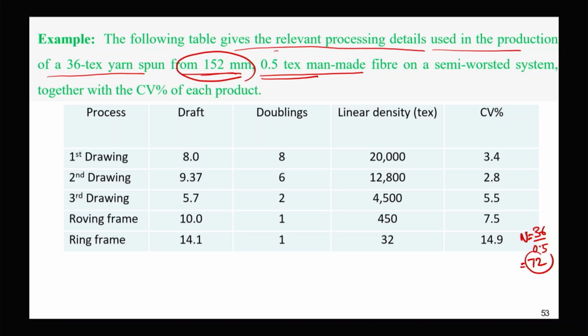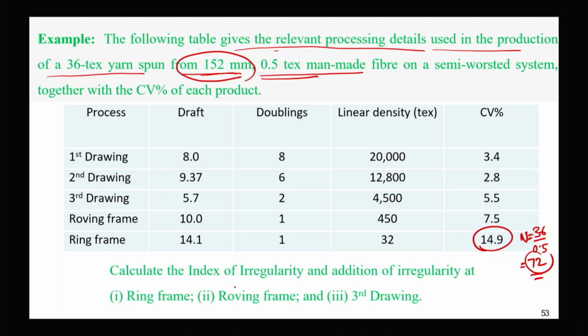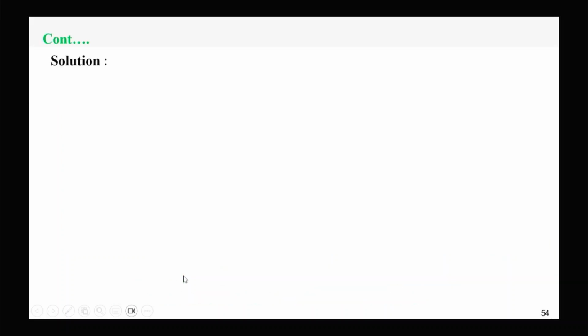And so if we know the number of fibers here, we can calculate the limit irregularity, and we know the CV % here in the ring frame. So we can calculate the index of irregularity here. So what you have to calculate? Calculate the index of irregularity and addition of irregularity in all these stages. So the similar problem we have already done, but with a different data. We will just go quickly.